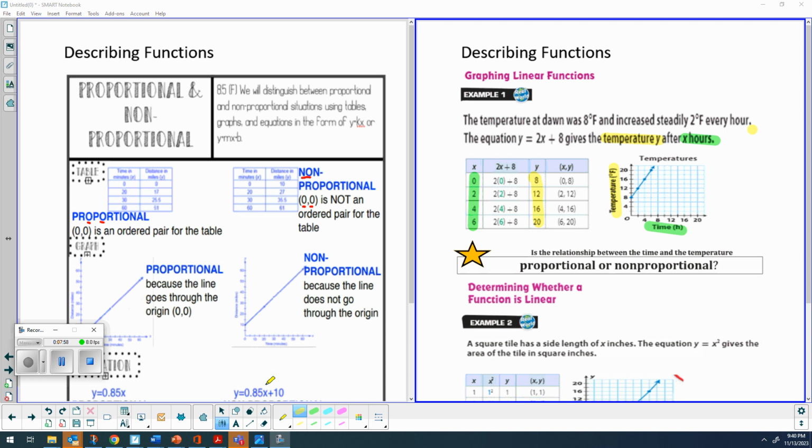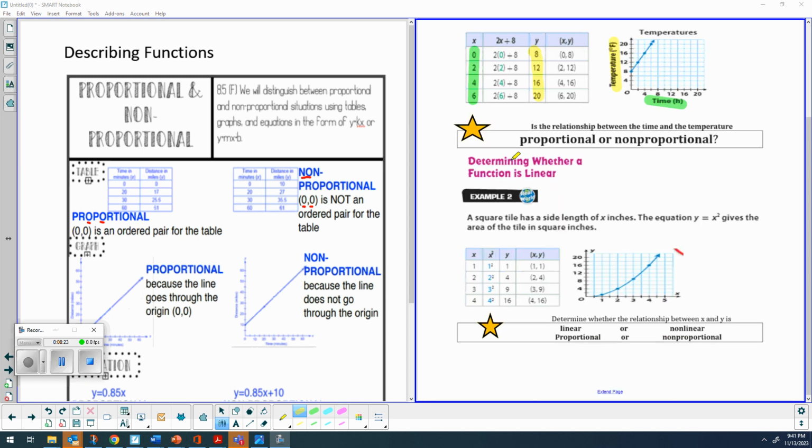I could also base this on the graph. That would be another easy way. Is the graph going through the origin to be proportional, or is the graph not going through the origin? So you decide and circle your answer.